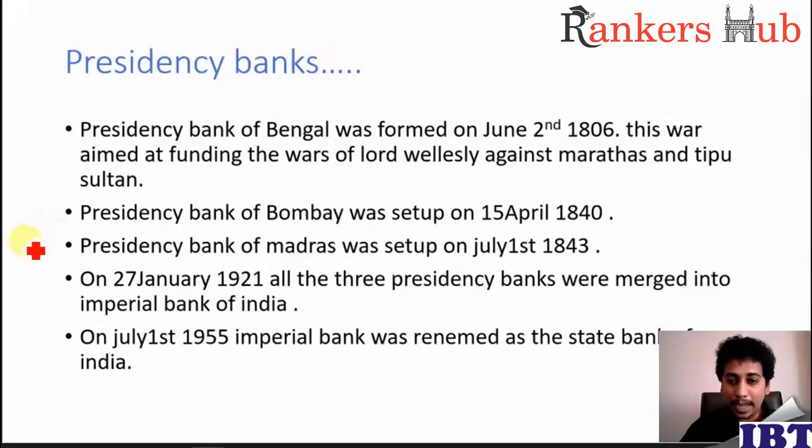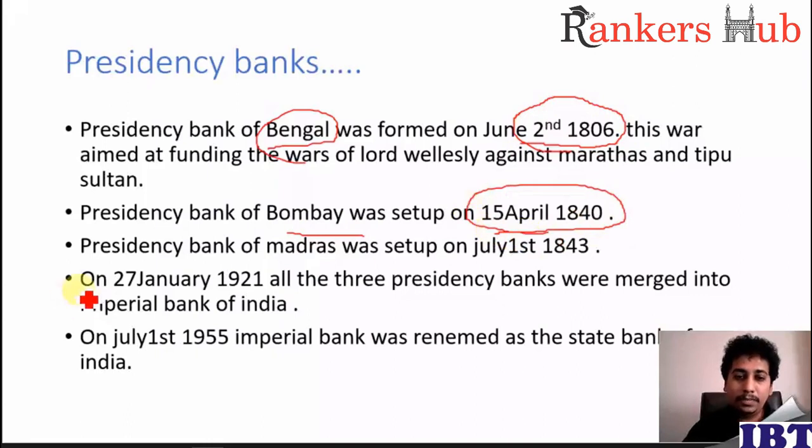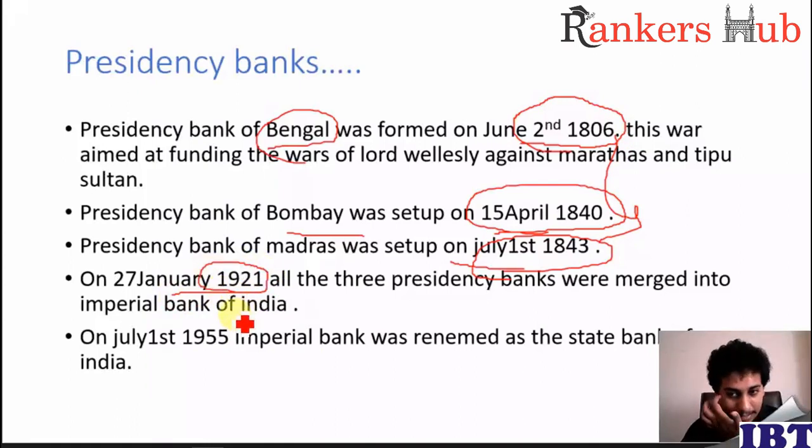Next. Just now I have said three presidency banks were established in our country. One is the Presidency Bank of Bengal, formed on 2nd June 1806. Presidency Bank of Bombay, formed on 15th April 1840. Presidency Bank of Madras, set up on July 1st, 1843. And these three presidency banks, in the year 1921, were all merged into a new bank known as Imperial Bank of India.